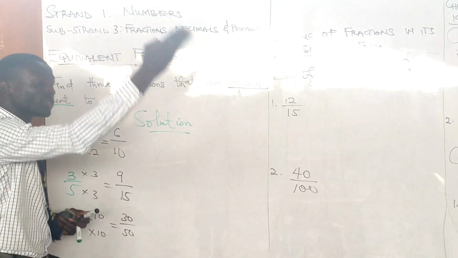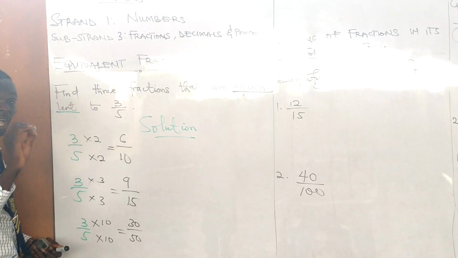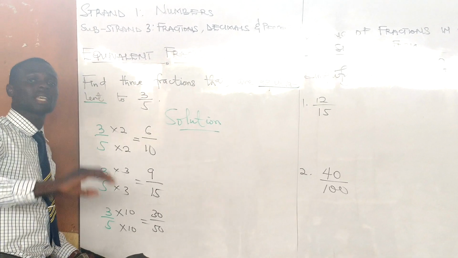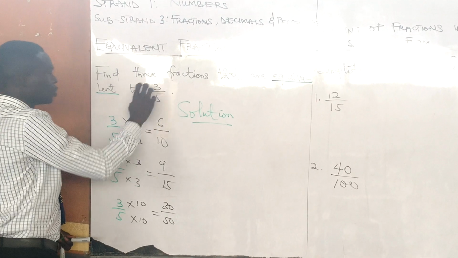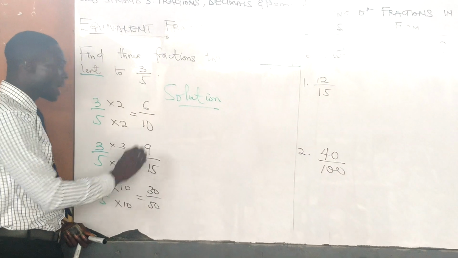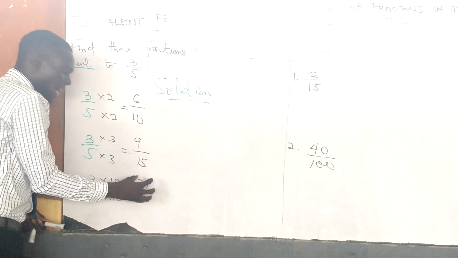So I'm to find 3 fractions. The fractions that are equivalent to 3 over 5 are this, this, and this.